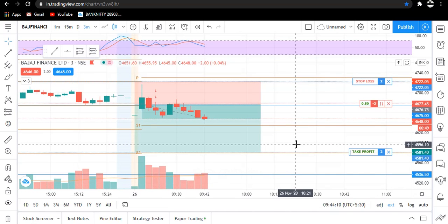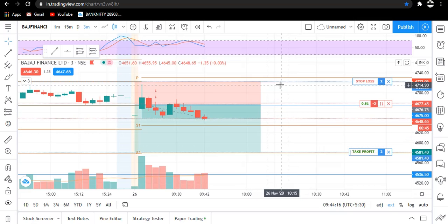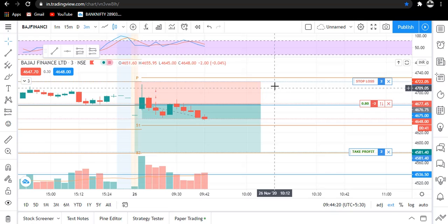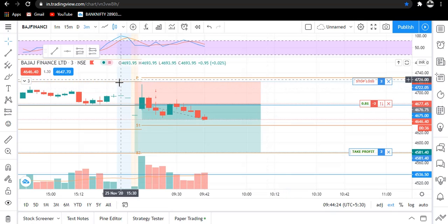Now coming on to our target and stop loss. First let us talk about the stop loss. We have marked a stop loss some points above the high of today's candle. You can see we have placed the stop loss above today's high.